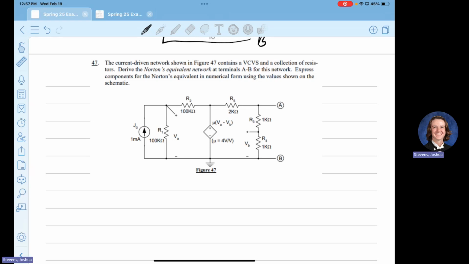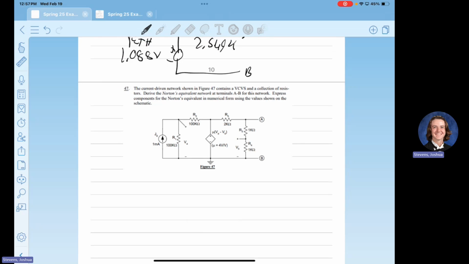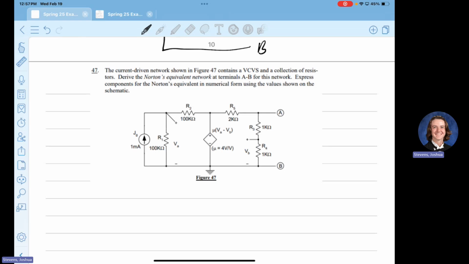Would y'all like me to go ahead and do the Nortons, or skip it? I literally don't care. Skip it. Cool. I kind of figured it was gonna be like that. It's just more math. If y'all would like to take a photo and do that problem by yourself, you're more than welcome to. Come to me at some point if you want to know what the answers are to these, to see if you got them right.